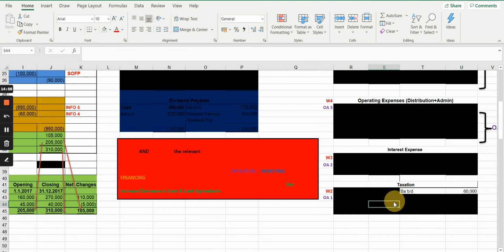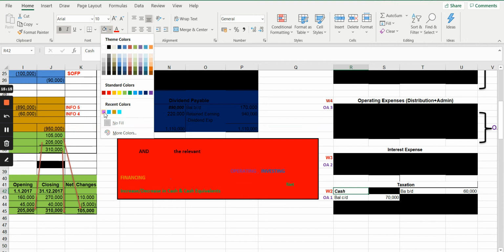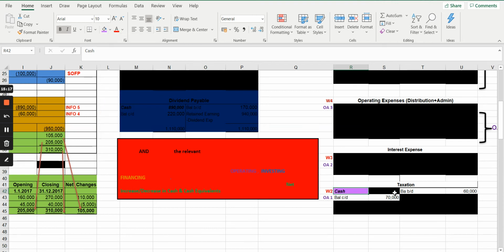If you have a tax recoverable, the balance should be at the debit side, but this is a tax payable. And at the end of the year, it has a credit balance of 70. And you need to find out how much is your cash paid related to taxation. How much do you use your operating cash flow to pay taxation?